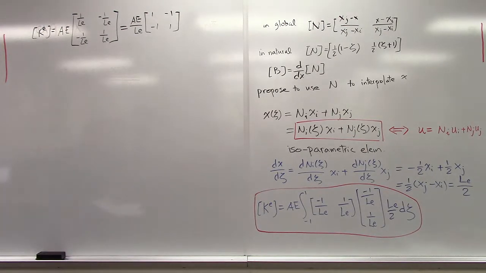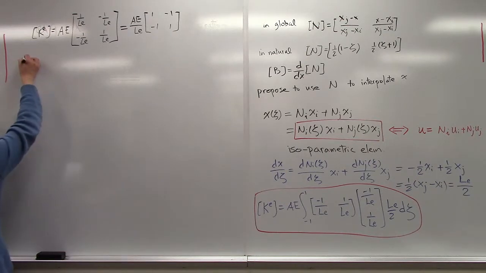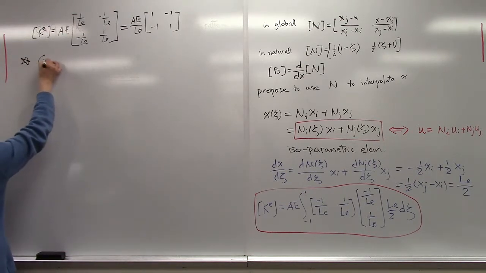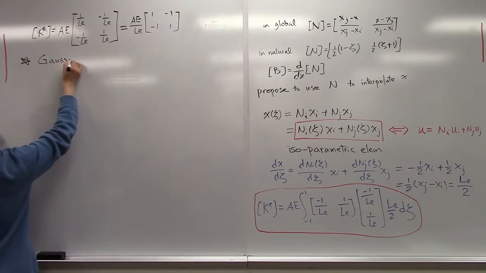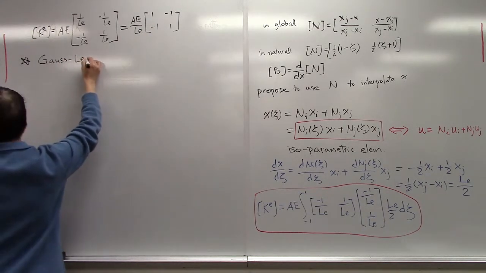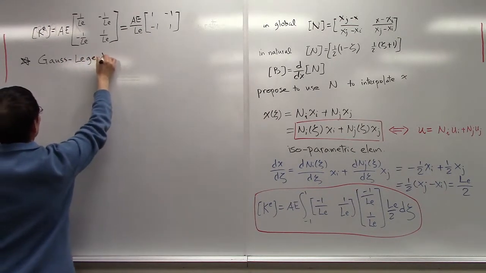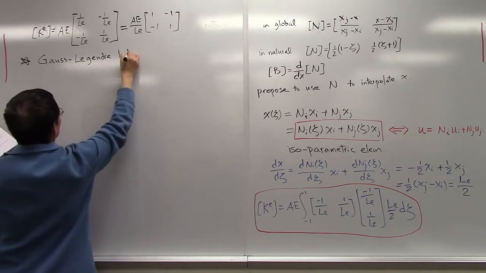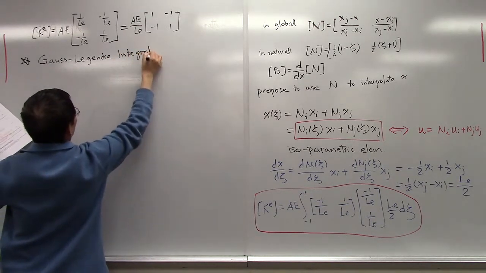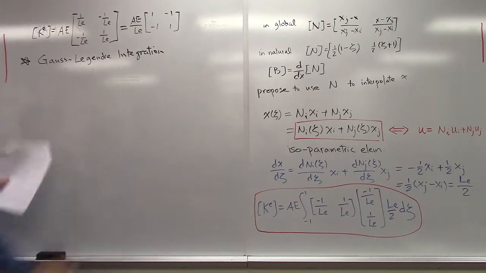Well, when the integrand is a more complicated function, we really need to derive more accurate and real numerical integration formula. Okay, that's what the next section is about. It's called the Gauss-Legendre integration. And for short, we just call it Gauss integration a lot of times, okay?